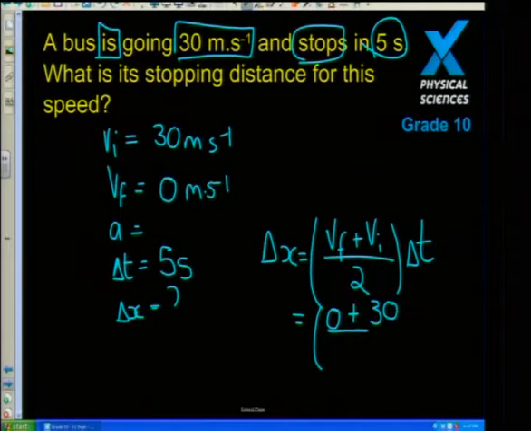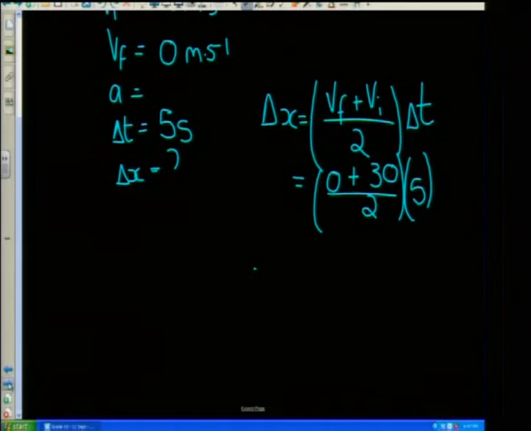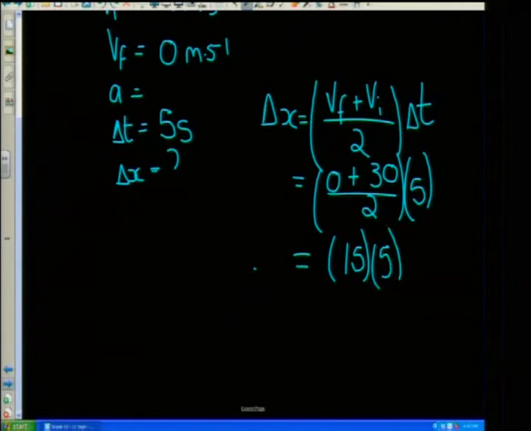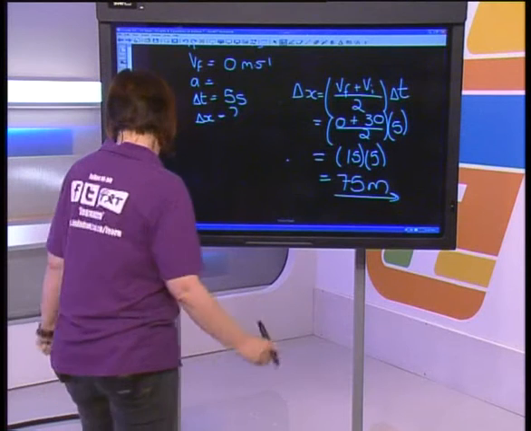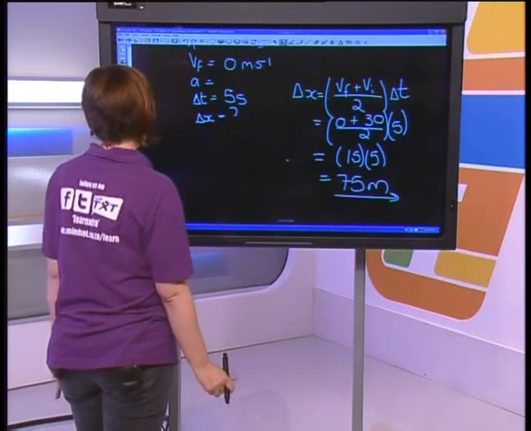Initial is 30. You're going to divide that by 2 and then times it by 5. So 30 plus 0 is 30. 30 divided by 2 is 15. So I have 15 times by 5. 75 meters. Okay? I think we can go to something a little more challenging.